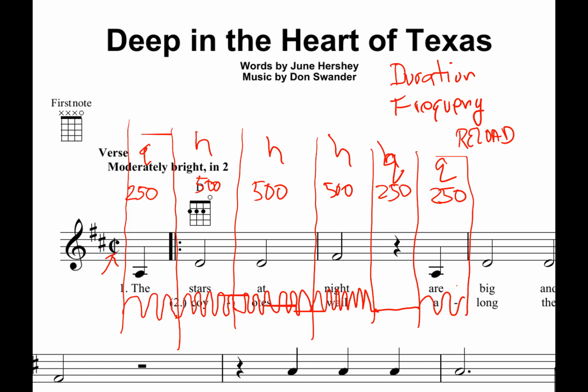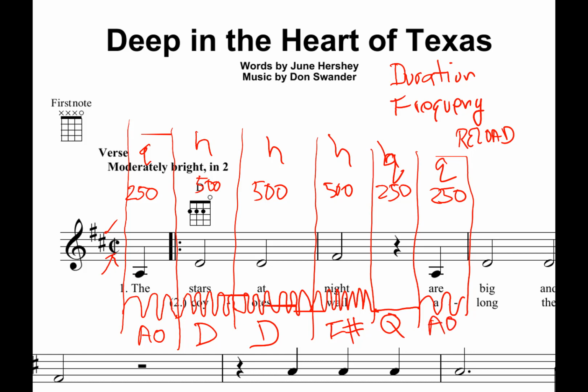I'm going to encode the frequencies as defined constants which have reload values in them. I'll call this one A0, because that's a low A. This one is a D, this one is a D, and this one is an F sharp. This is a quiet, or rest, and I'm going to give it the code Q, and then we have another low A.